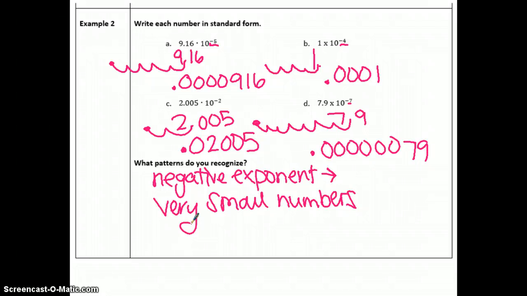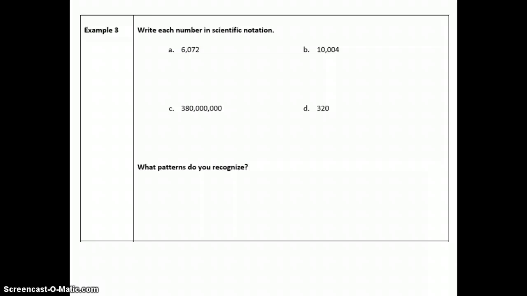Okay? We can also go the other way, from standard form to scientific notation. Now remember, our C, the number that we're multiplying times the power of 10, has to be between 1 and 10. So we want to move our decimal point until it's 6 point something.